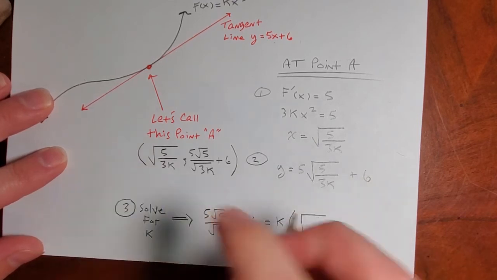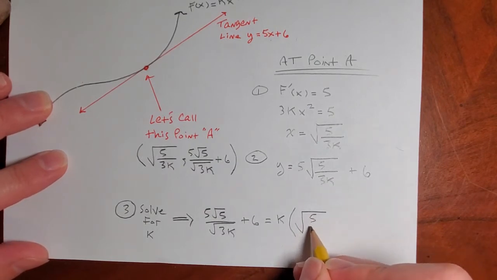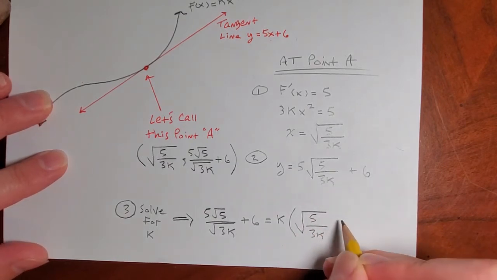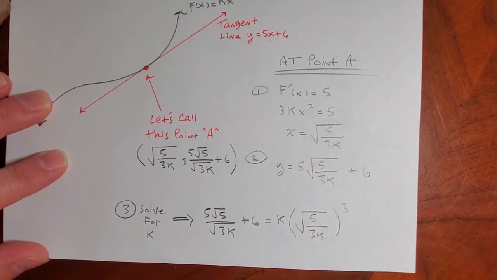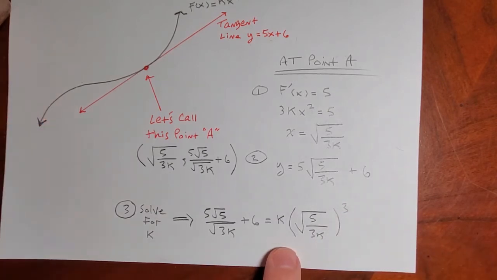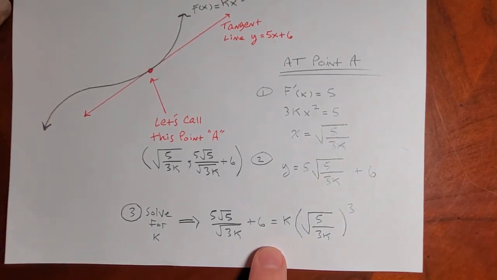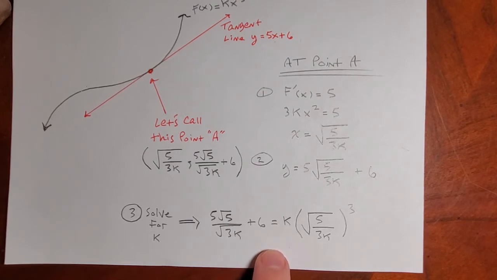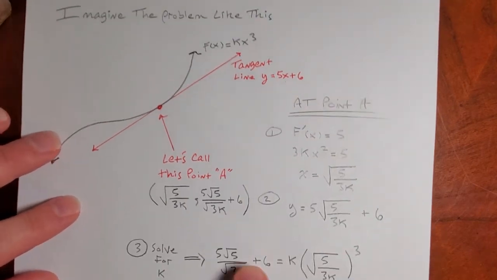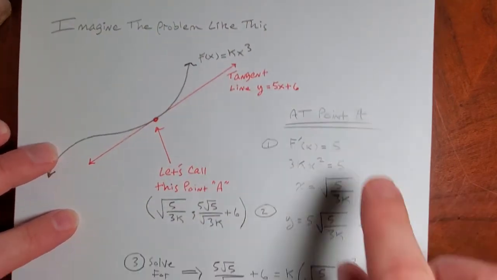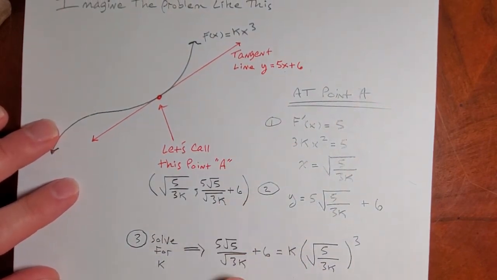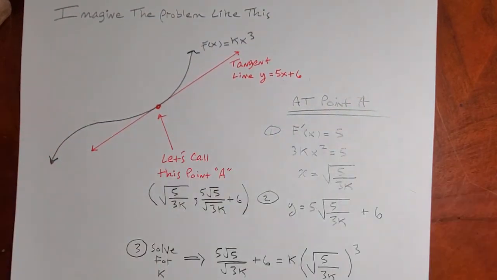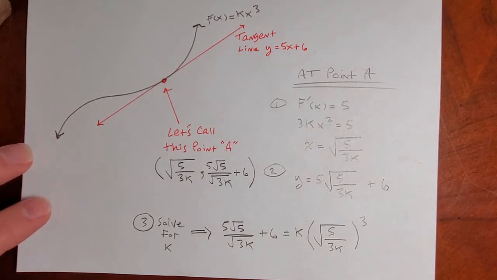So that's x, right? 5 over 3k to the third power. That might look ugly, and you're not looking forward to solving that, I'm sure, but that's what it says. You put this in for x, kx to the third power, you get this for y. Why? Well, that's the point that's on there. That's why. Okay? All right.